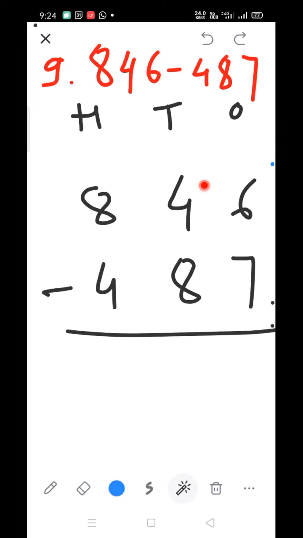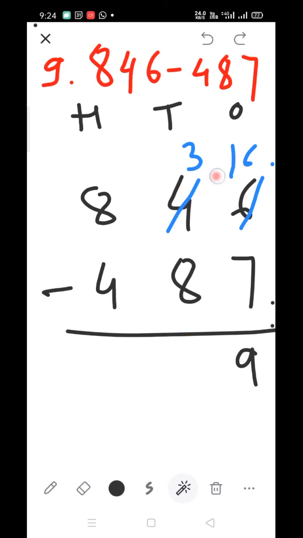So here write down 6 as it is and take a 1 borrow from the 4 and write here a 3. Now 16 minus 7, 9.